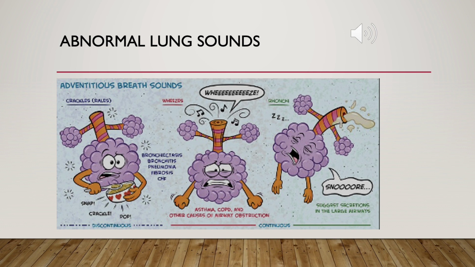There is also something called stridor, which is a high pitched crowing sound that you can hear without a stethoscope. That is indicative of inflammation and obstruction, and it's a medical emergency. So you would call a rapid response for that. And if somebody has a pleural friction rub, that means there's inflammation between the pleura, and that sounds like scratching two pieces of leather together.